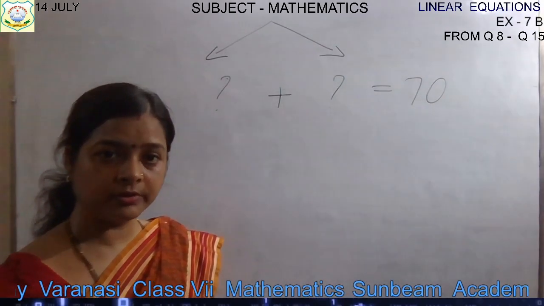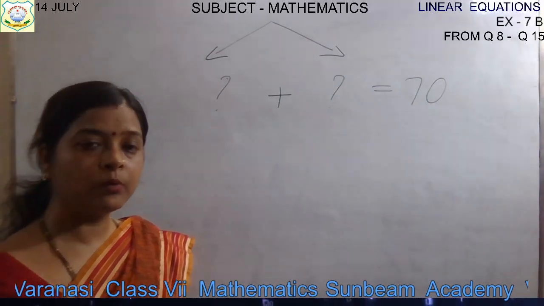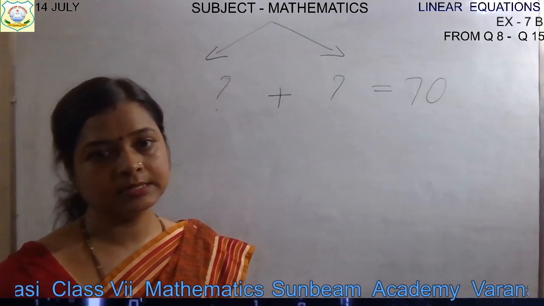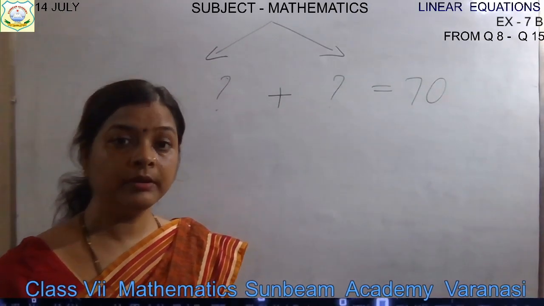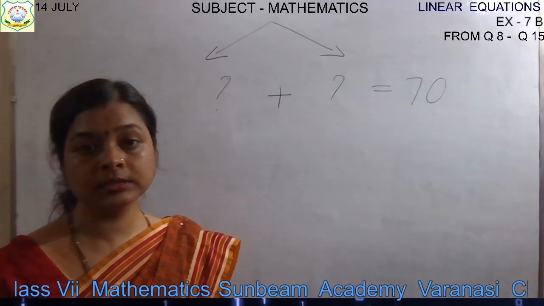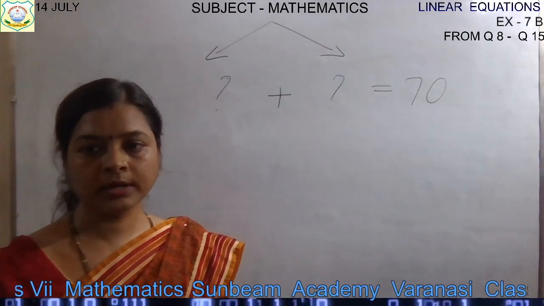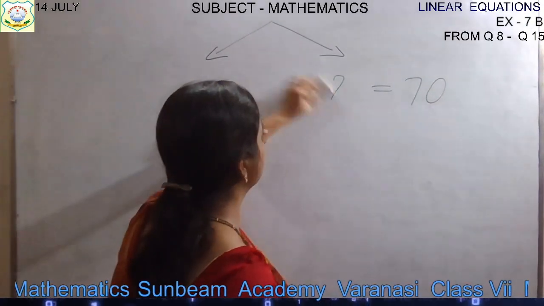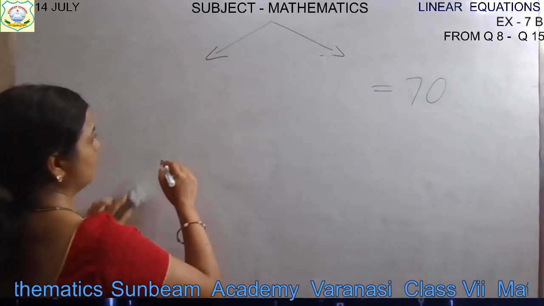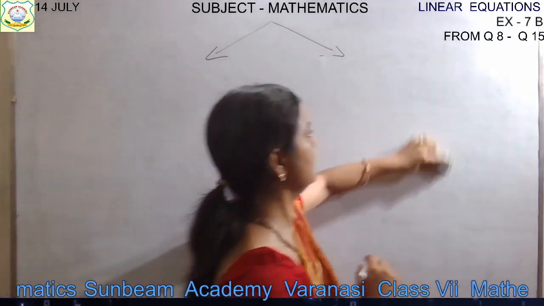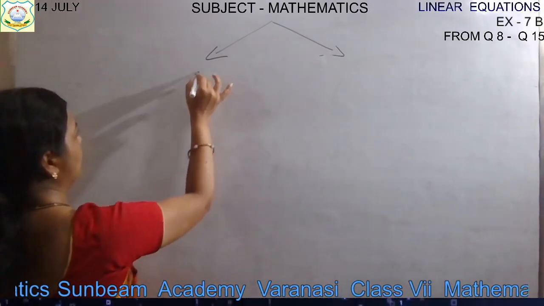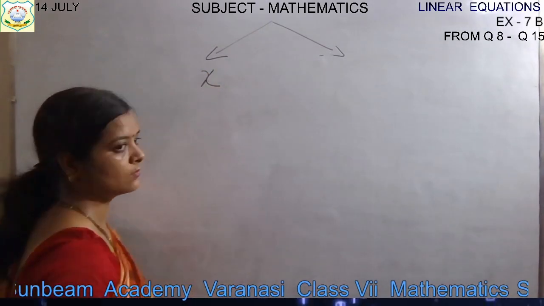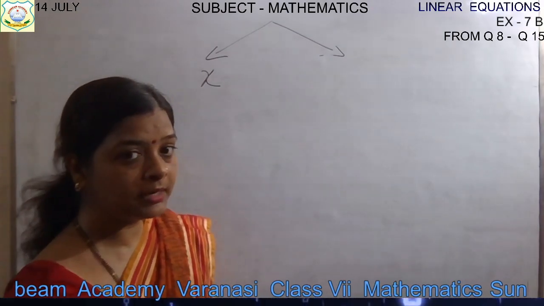For this, we will take one number as variable, that is x, and we will relate the second number with the first number. Let one of the unknown numbers be x. And the second number is how much?